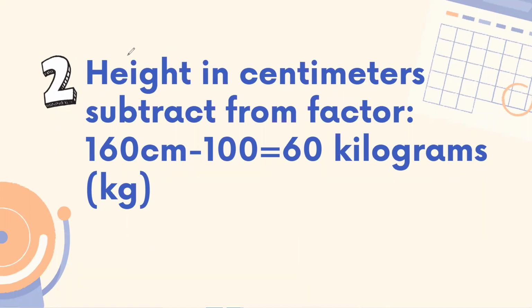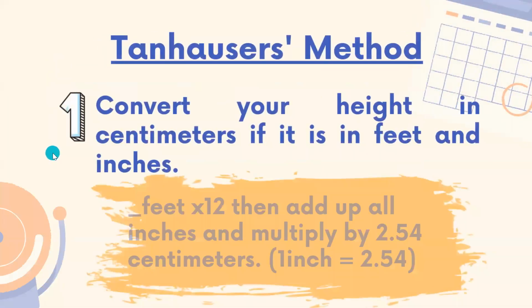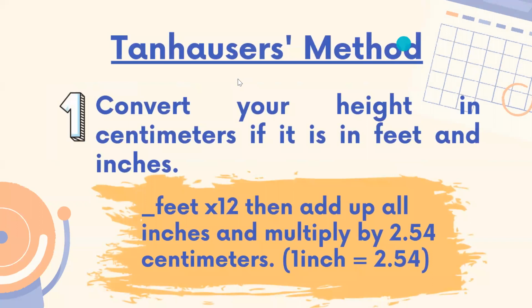So let's go back here first, using the Tannhauser's method. So my height is 5'1", 5 feet and 1 inch.